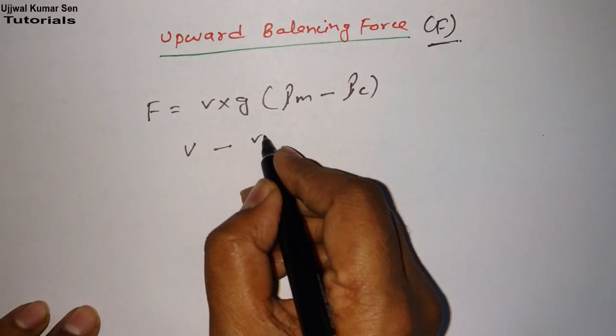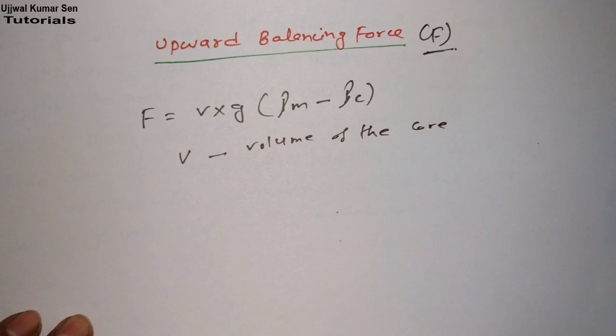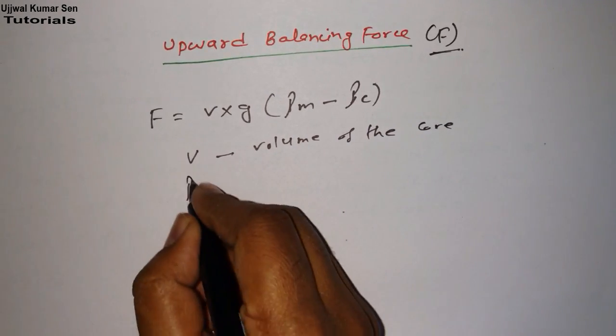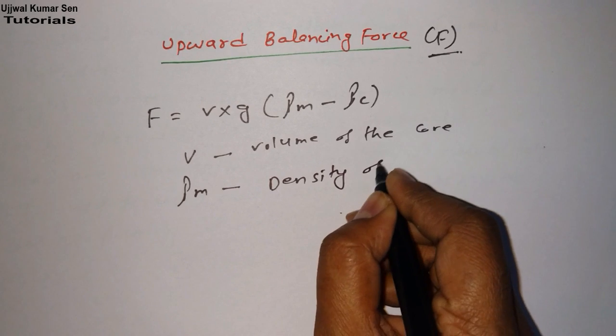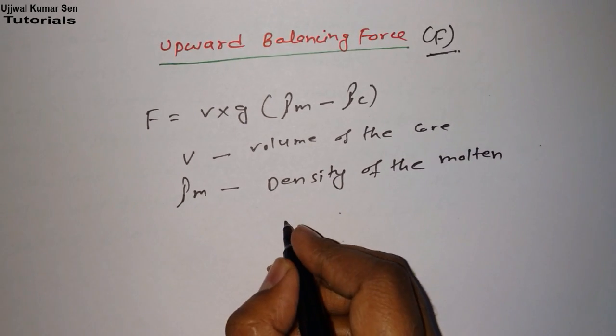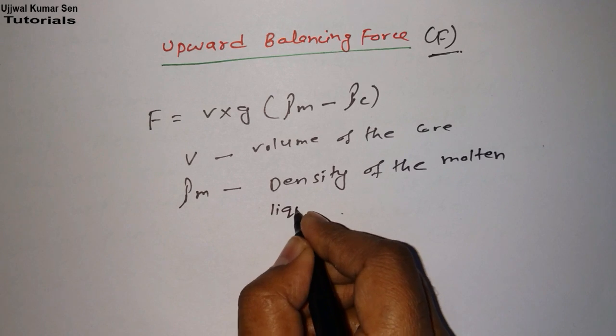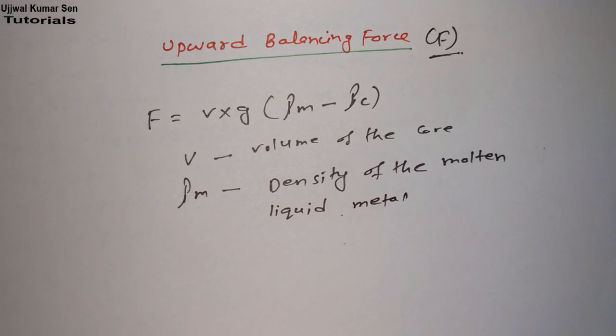What is V? Volume of the core. What is rho m? Density of the molten liquid metal.